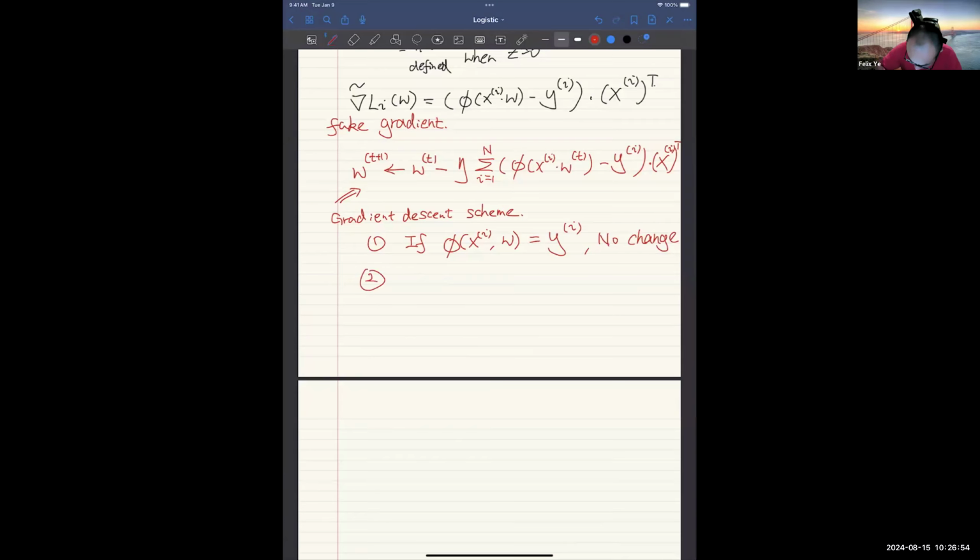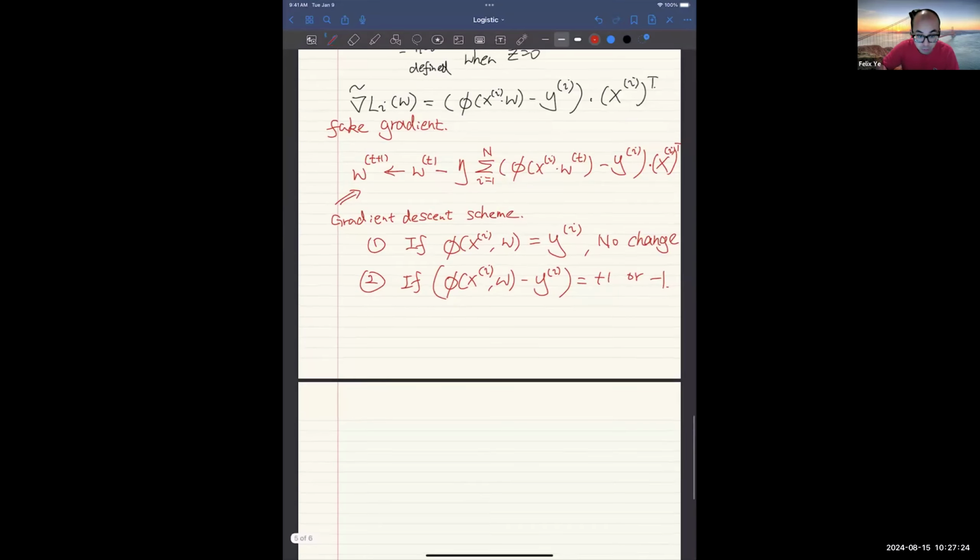If this whole subtraction is equal to plus 1 or minus 1, I'm going to move the weight in the direction that makes correct predictions more likely.